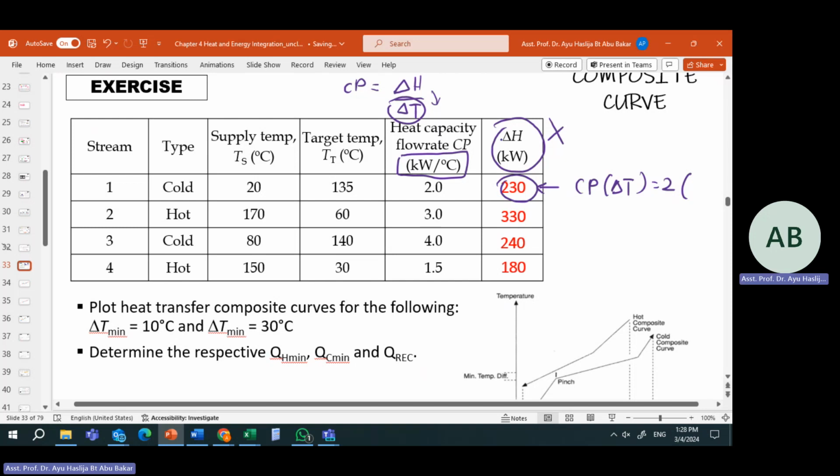Okay, so if delta H is not given, you can find it from CP and temperature data.